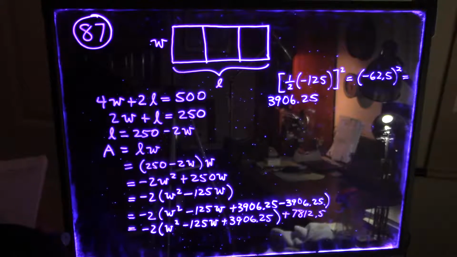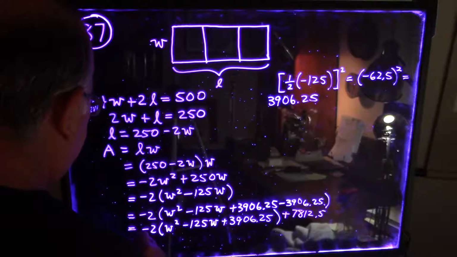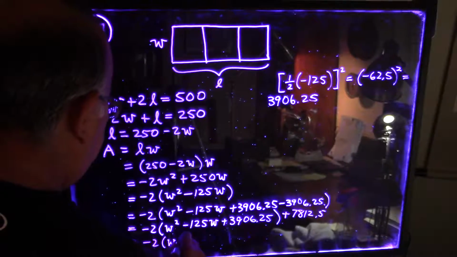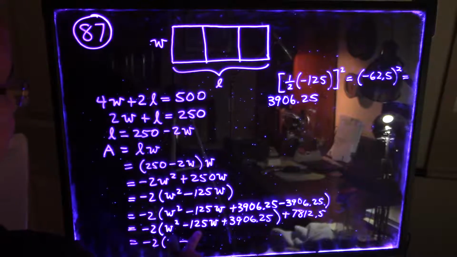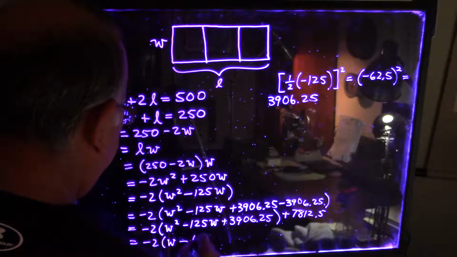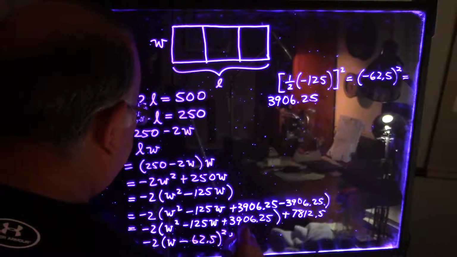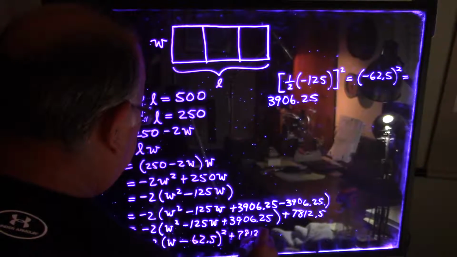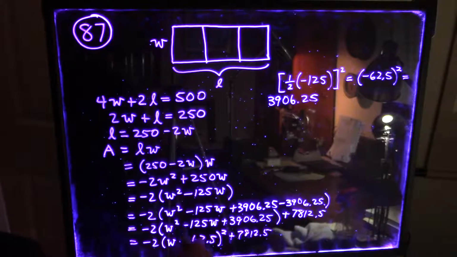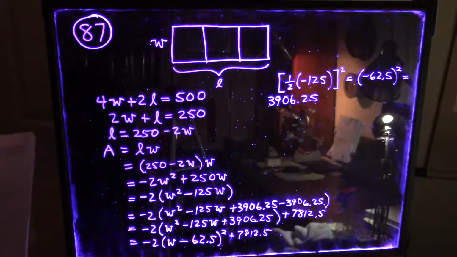Okay, and this is a perfect square trinomial, so that equals negative 2 times the quantity W minus 62.5, squared, plus 7812.5. So the parabola opens downward, we know that because of the negative leading coefficient.